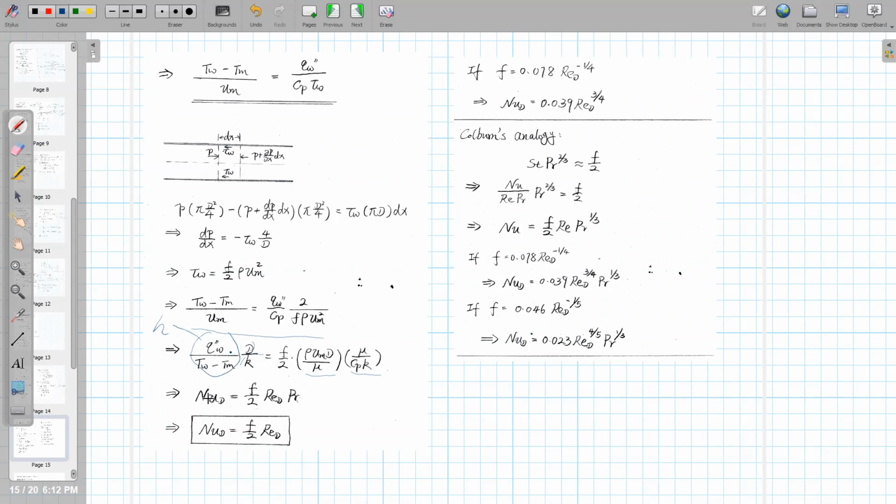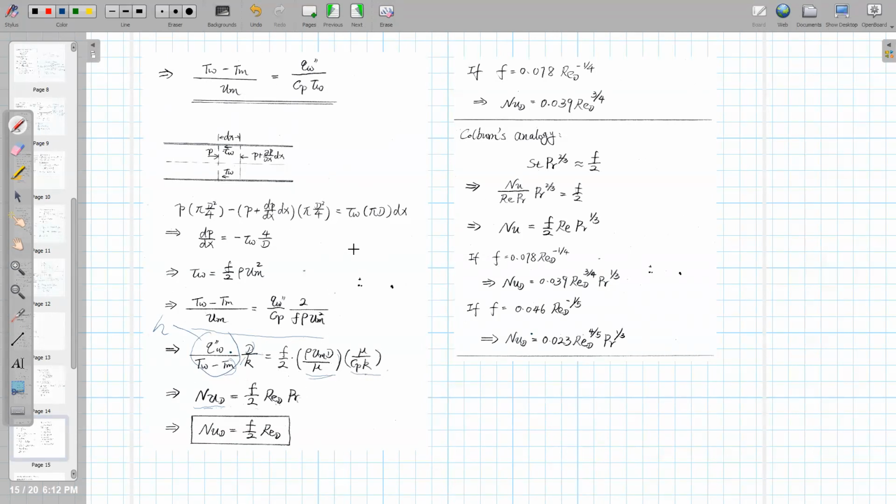The result basically tells us that in this analogy, for fully developed turbulent pipe flow, the Nusselt number based on the diameter D and the mean temperature will be equal to F over 2 times the Reynolds number times the Prandtl number.